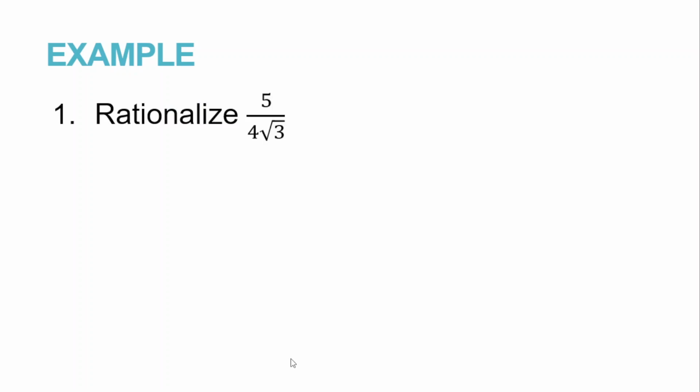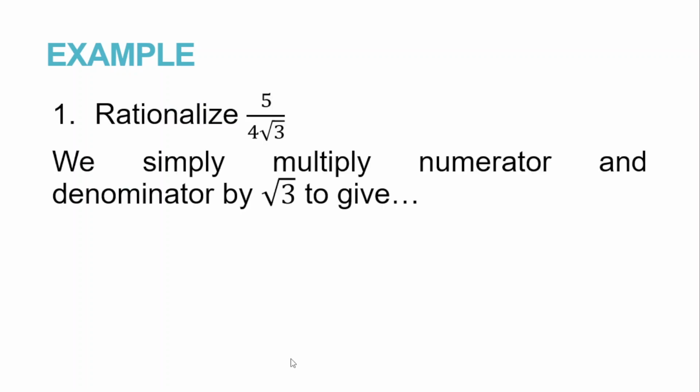So let's rationalize this. When we rationalize, you're going to multiply the numerator and the denominator by the square root of 3. If you're wondering why the square root of 3, it's because when we multiply the square root of 3 by the square root of 3, that will equal 3, right? Because the square root will cancel.